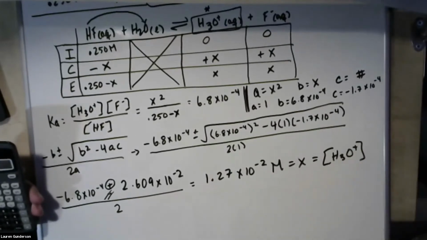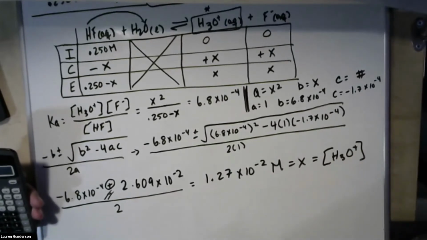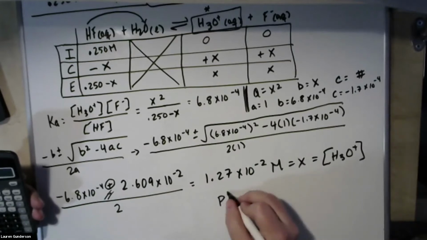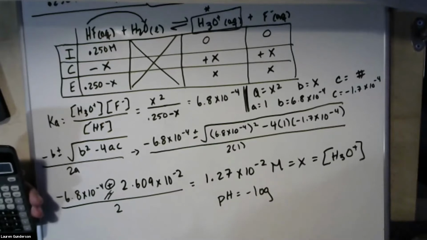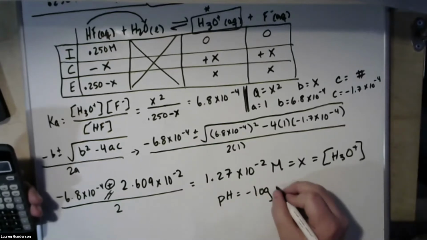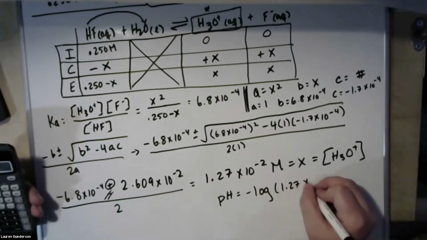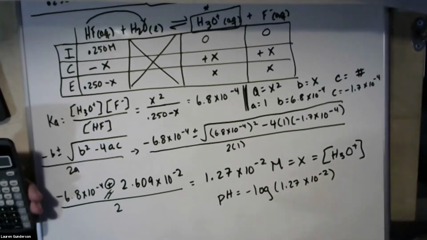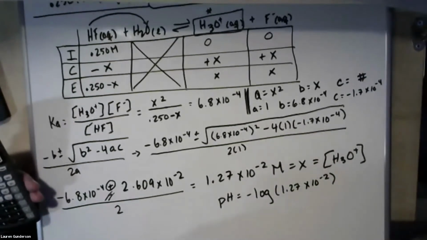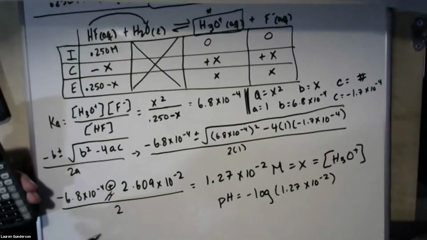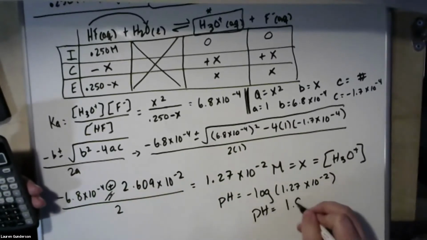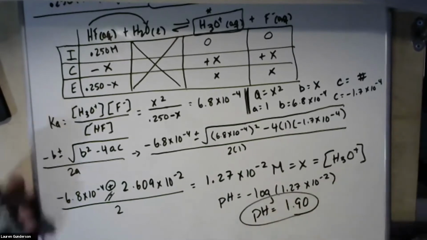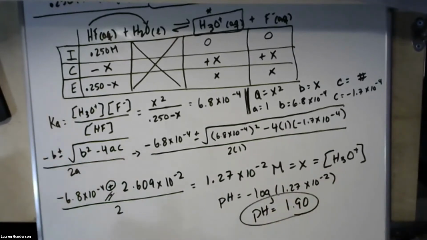Okay. Once we have that, we can solve for our pH. So negative log of 1.27 times 10 to the negative 2 is going to be a pH of 1.90. Okay.